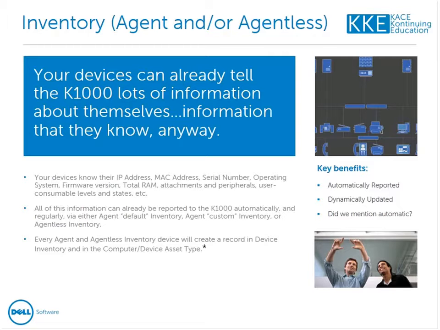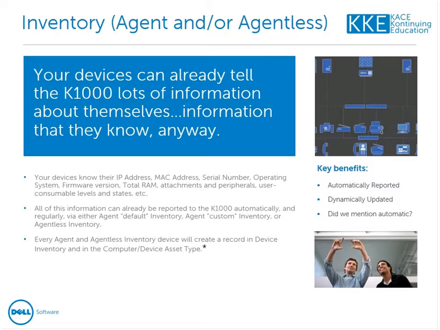Now, if it's on an agent, over on your communication settings under provisioning, you're going to be pulling the agent information every so many hours, depending on the total number of agents you have. And there's also a separate agentless inventory interval that you can define, also depending on your protocol.